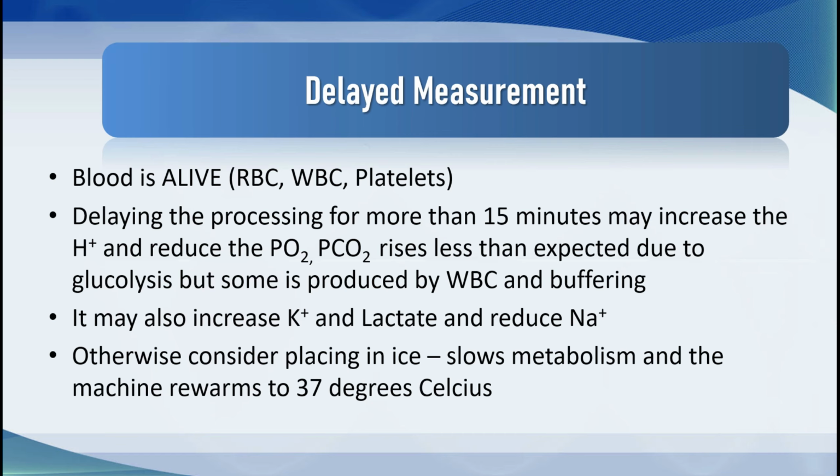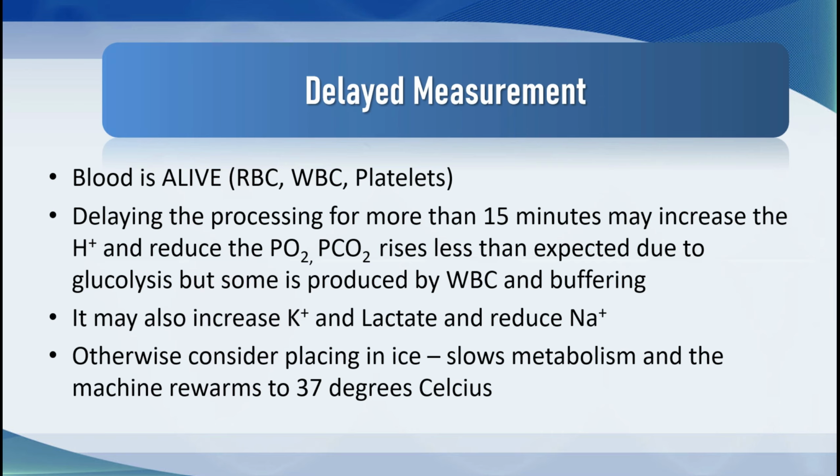By delaying the processing for more than 15 minutes, there may be an increase in hydrogen ion activity, a reduction in the PO2, and a rise in the PCO2, although the CO2 rises less than you would expect for the amount of oxygen consumed due to glycolysis. Remember, red blood cells don't contain mitochondria, so you don't have a lot of CO2 produced by the red blood cells, but some is produced by white cells and by buffering.